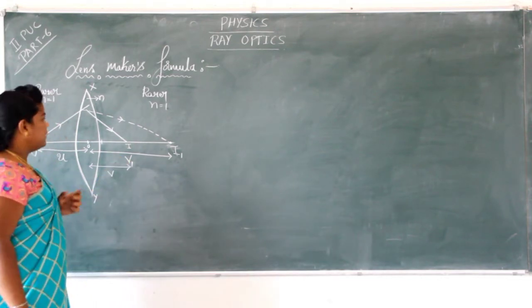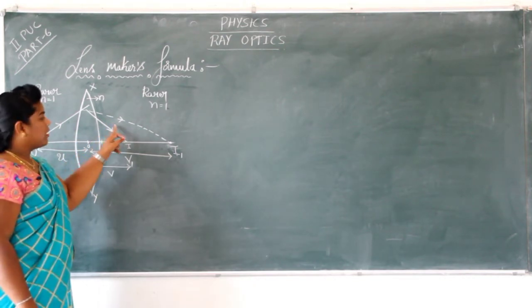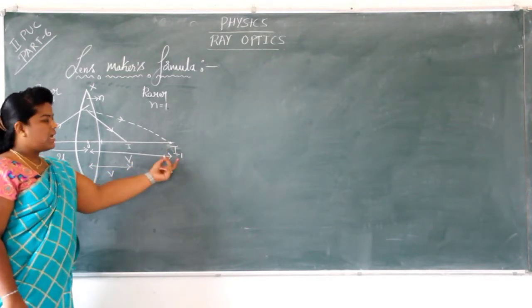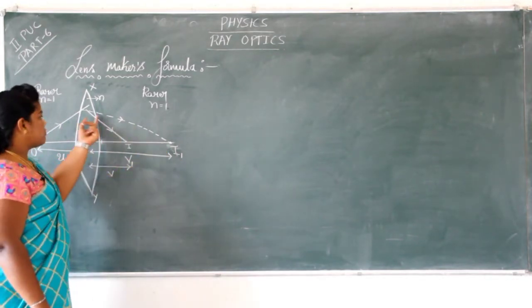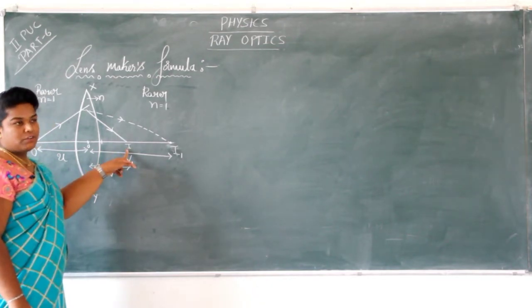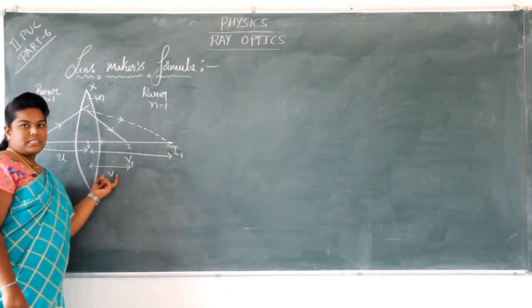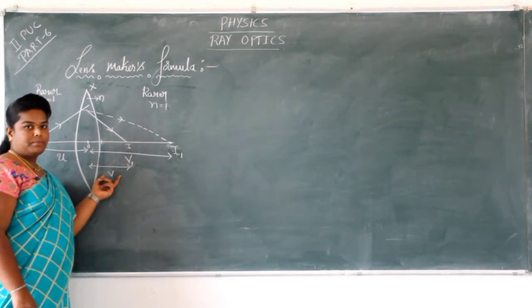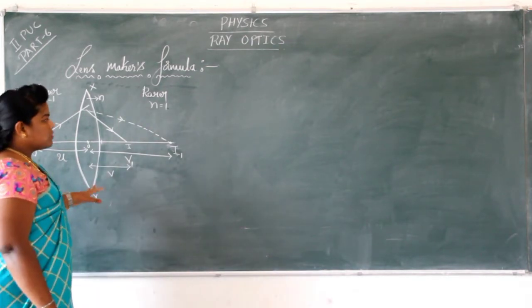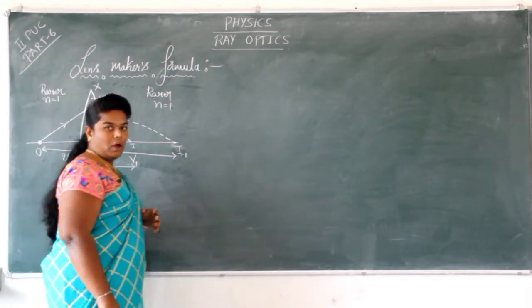And in the next line you should write, after refraction from the second surface, I1 acts as a virtual object for the second surface, and I is the final image formed by the lens, with the final image distance represented by V. So note it down. Hope you all noted down the points. Just pause the video and note the points that I said now.